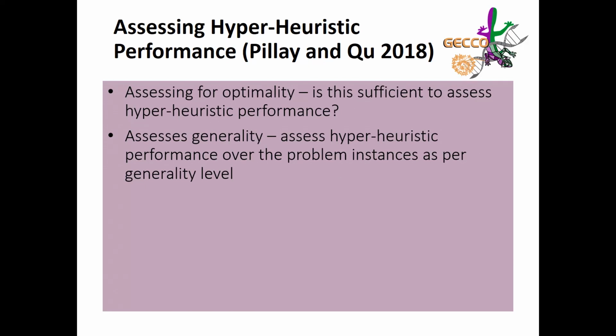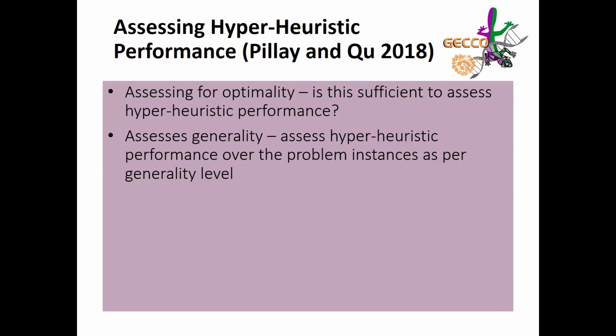Some of the earlier work, especially the work with cross-domain hyperheuristics, compared hyperheuristics as performing better over a set of problems like this: if you had 10 problem instances, they would assign each of the hyperheuristics a rank based on whether it got the best or second best or the third best value for each of the problem instances, and then they would sum the rank. But what's the challenge with that? You are now taking all the problems into consideration, but you're still basing it totally on optimality. You're still not looking at generality in any way.